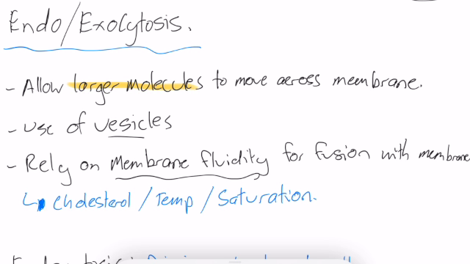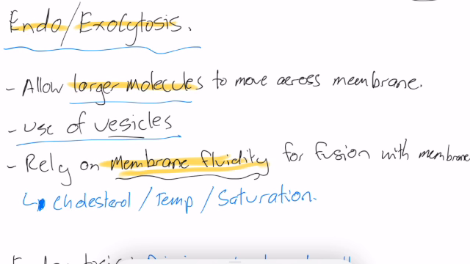A second form of active transport is endo- or exocytosis. Both of these methods allow larger molecules to move across the membrane. Both use the formation of vesicles to allow this to take place. As a result, both rely on membrane fluidity for fusion with the membrane.